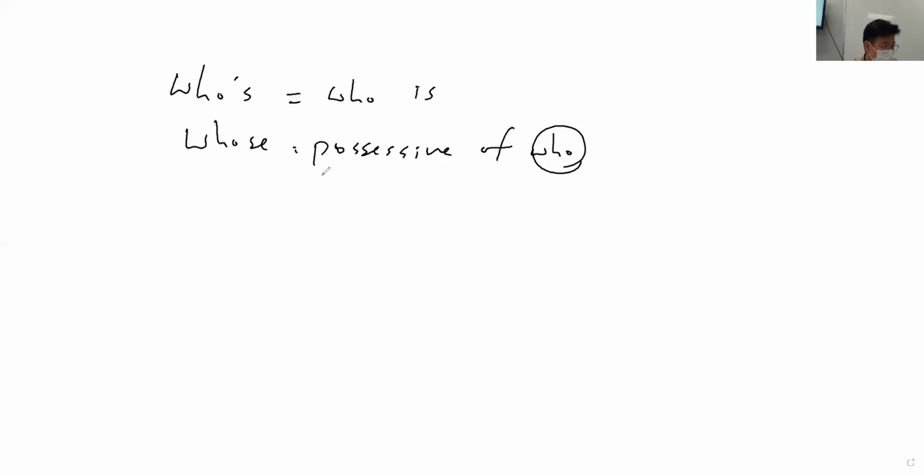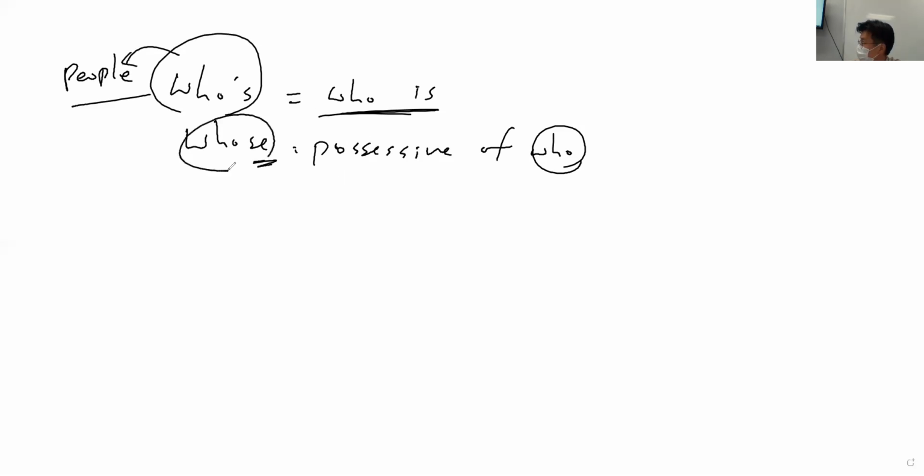Something that you have to be careful about is that who's with the apostrophe, only people can be in front of this. But in the case of whose as a possessive, you can put people or you can put things as well.